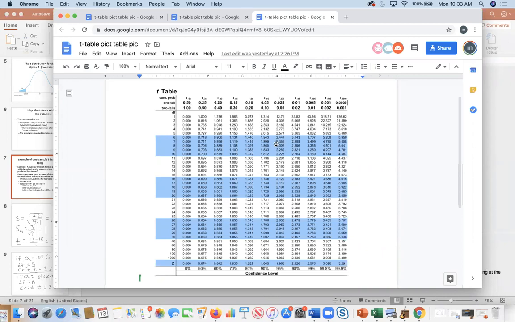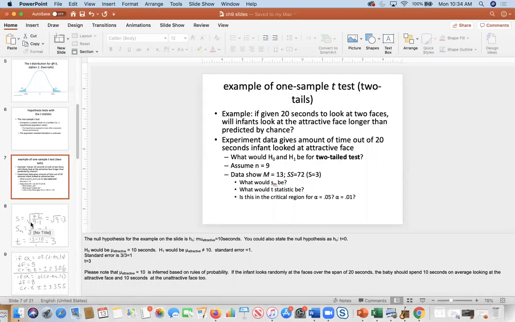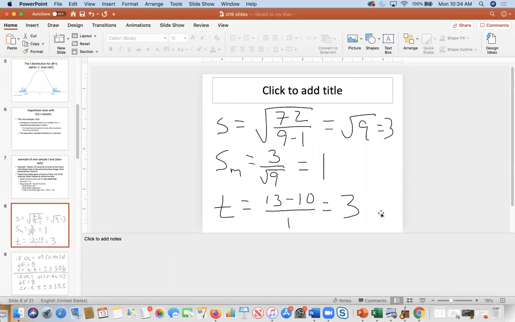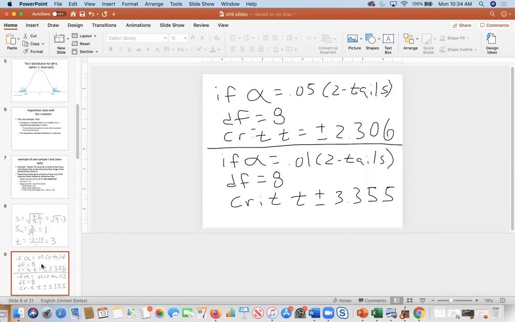We're doing a two-tailed test, so that's plus or minus 2.306 as our critical t values. So we need to determine, is our t value of 3, which we calculated right here, in our critical region? And I'll show you once again.